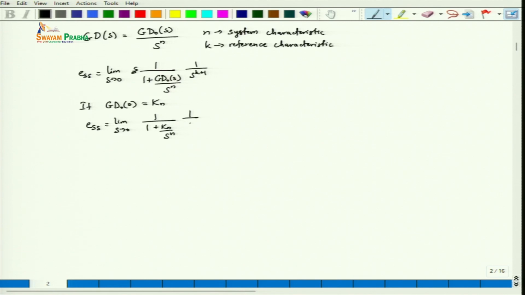So we have 1 divided by S to the power k. Now we can rearrange this to get the equation S to the power n divided by S to the power n plus k.